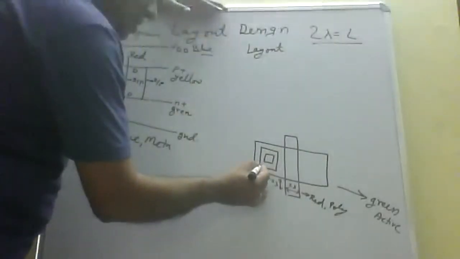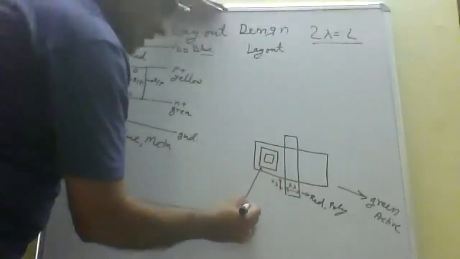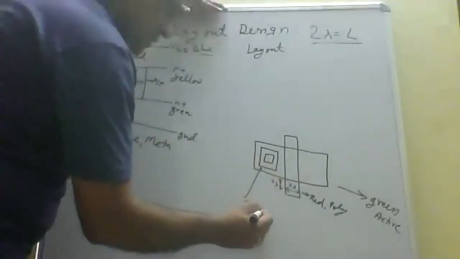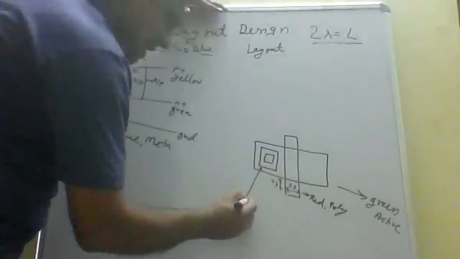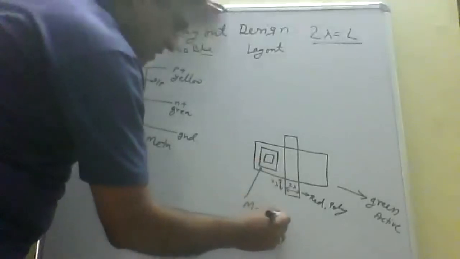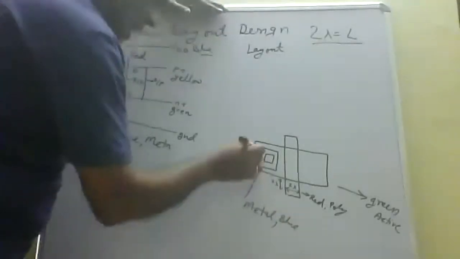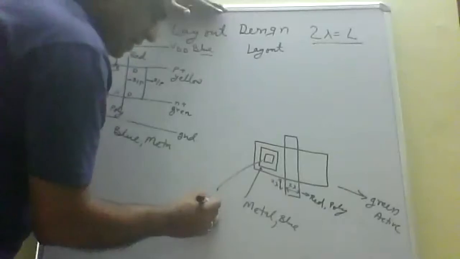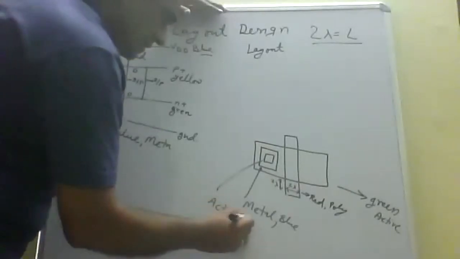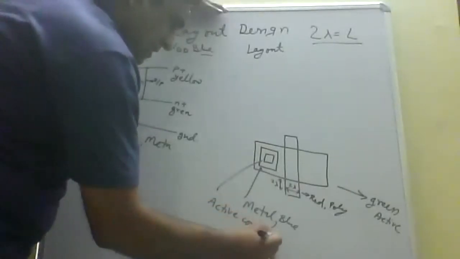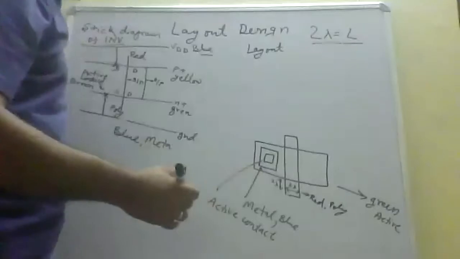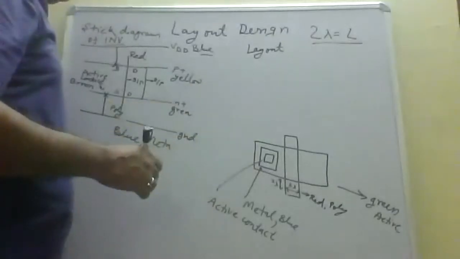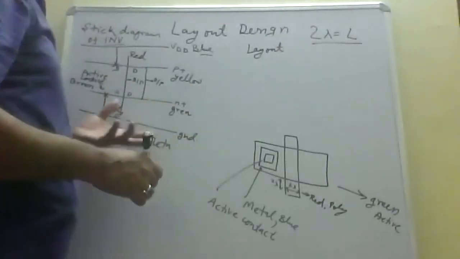And here this will be the active contact. This is the metal, and metal is always blue color, and inside of this there will be an active contact. We will see this in the editor also, but before developing the layout, we must learn these basic concepts.